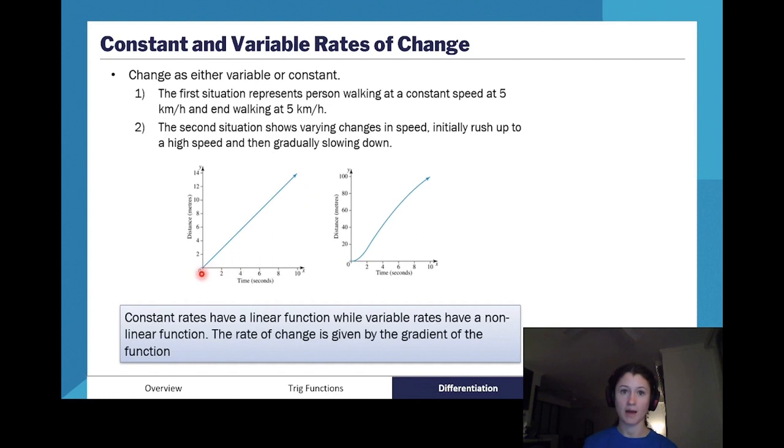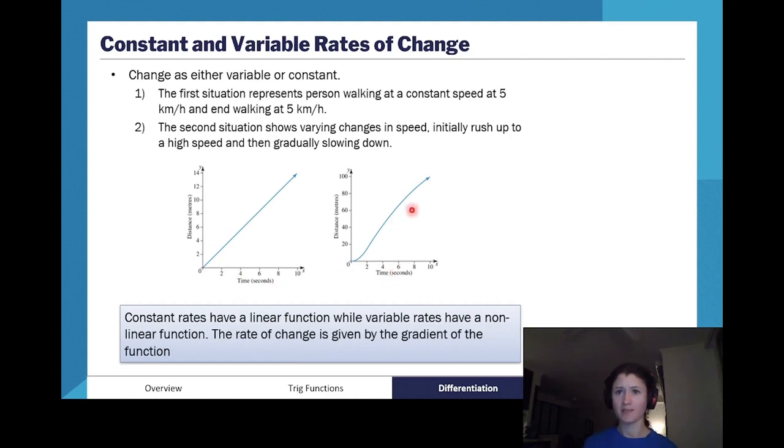When we have gone by 2 seconds, our distance has changed by 2. When we've gone by 4 seconds, our distance has changed by 4. So for every second, we are moving 1 meter.